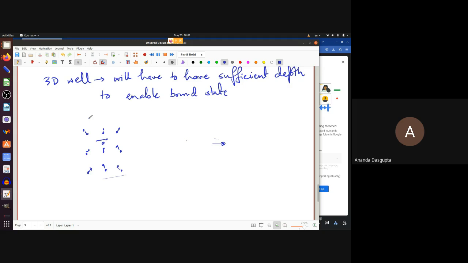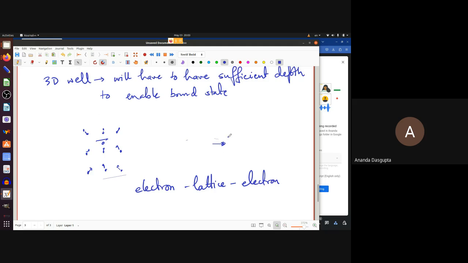So because of this interaction via the lattice, the electron effectively ends up lowering its energy compared to what it would have. This is the electron-lattice interaction. So it's basically an electron-electron interaction effectively.